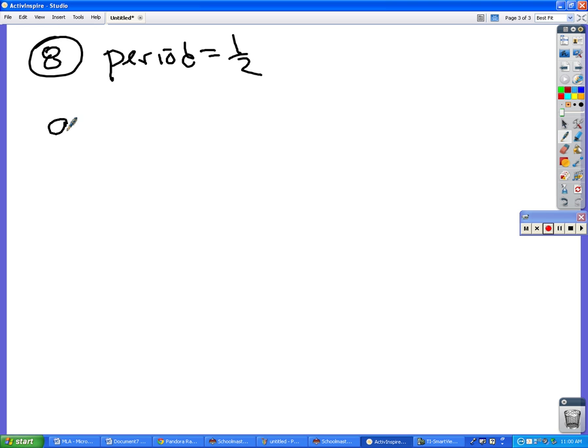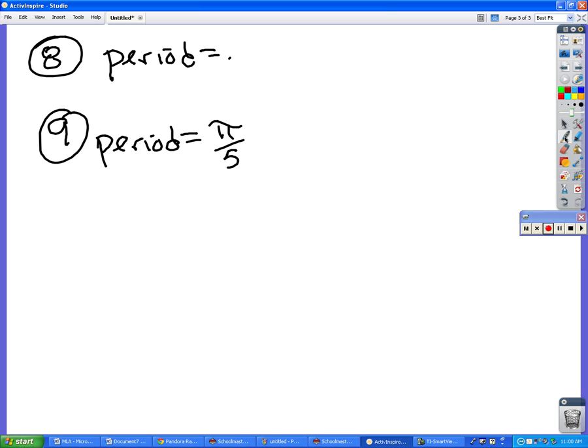I think I got number 8 wrong. Pi over 5? Yeah. Because remember, normally the period is pi. So if there's 5 of them between 0 and pi, that's got to be pi over 5. Which means I'm pretty sure I did this one wrong. Normally there'd be one of them between, so would it just be pi?